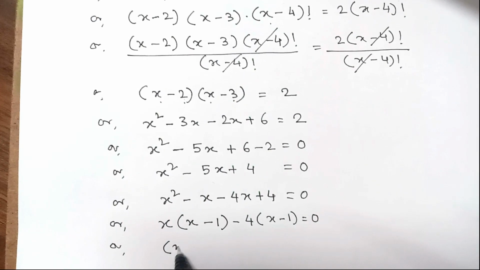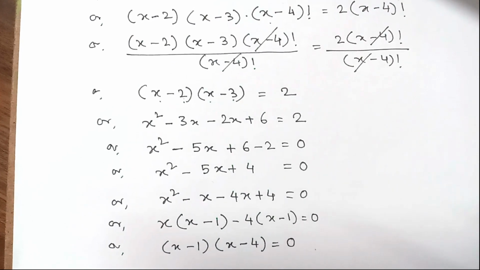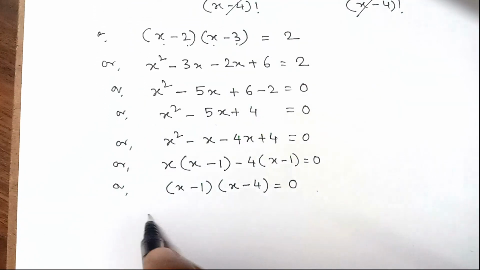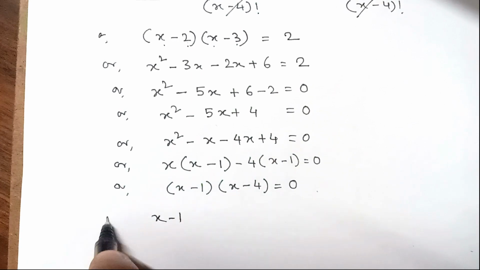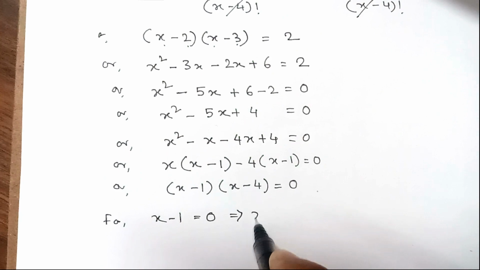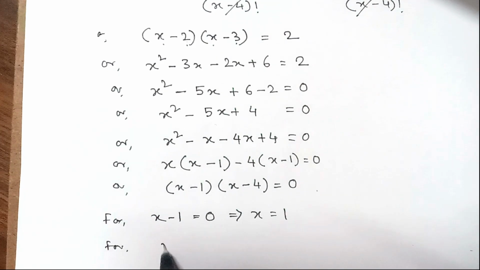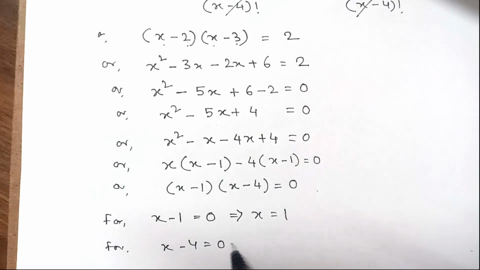Now we take x − 1 common, and inside it will be x − 4 = 0. So from this we get that x − 1 = 0 implies that x = 1, and x − 4 = 0 implies that x = 4.